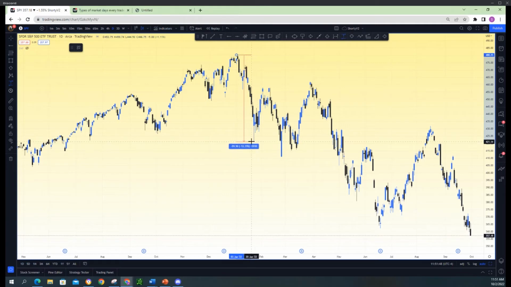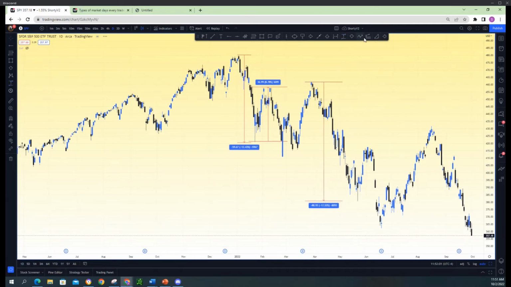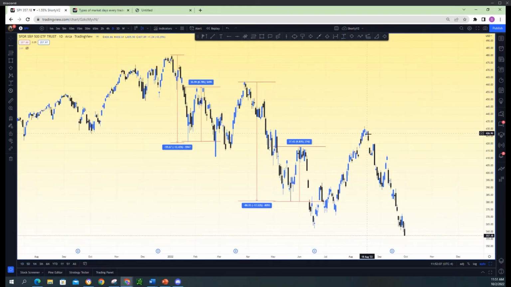So here you dumped, like what, 12%, and then you're able to climb back up 8%. And then from this one, I'm doing it quickly, you drop 17 and you're retracing like 9. Well, now let's see.